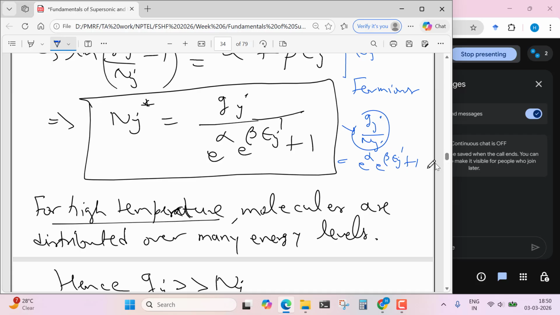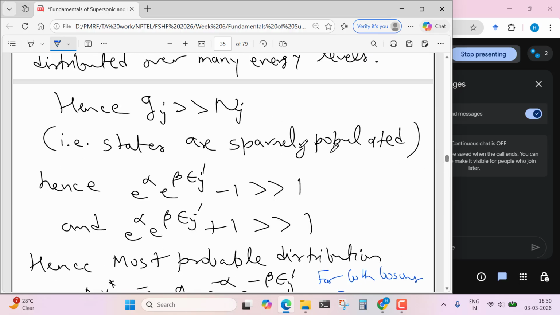Now we'll come to the Boltzmann distribution. For high temperature, molecules are distributed over many energy levels. So what will happen? Gj is very much greater than Nj, and it means the states are sparsely populated.